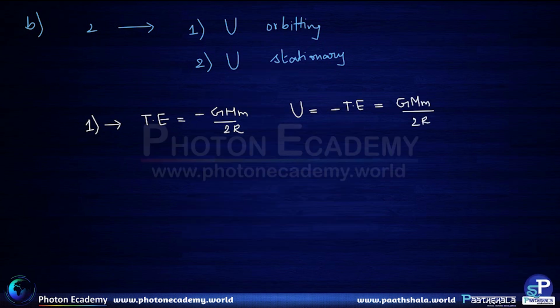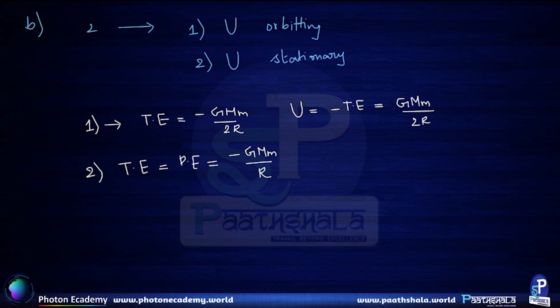Whereas in the second case, the satellite is stationary, so the total energy will only be the potential energy, and the potential energy will be equal to minus GMm by r. So the energy required to project this satellite out of Earth's gravitational influence will be minus of total energy of this satellite, and this is equal to GMm by r.